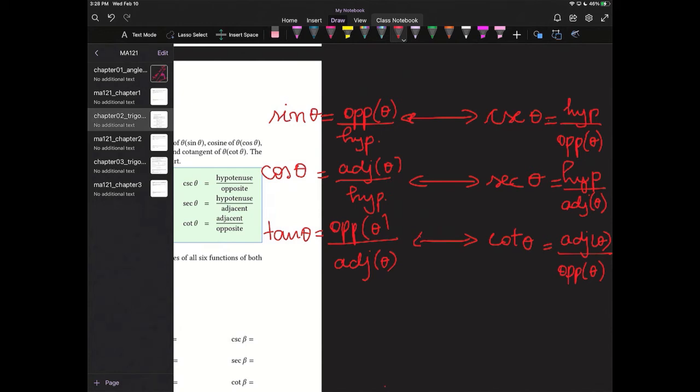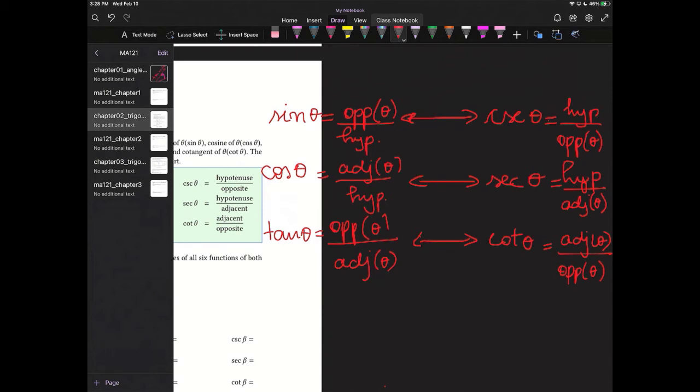Cosine starts with co, but secant doesn't. So again, for the reciprocals, one has co, the other doesn't, so it's easy to remember that way. Tangent doesn't have the prefix co, but the reciprocal, cotangent, has the prefix co, okay? And basically you flip those fractions, and you get all the interchangeable pairs there.